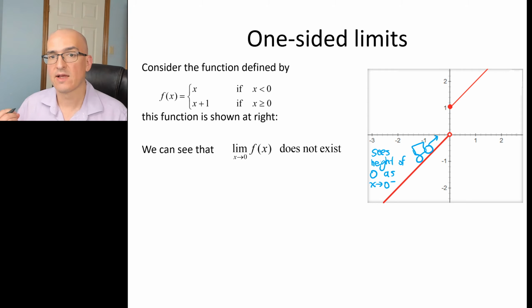So we indicate approaching a number from the left-hand side by putting that number and then a minus sign in the power. So if we were approaching 2 from the left, it would be x approaches 2 with a minus sign in the power of 2. It's not 2 to the power of a negative number. It's just a shorthand that means we are approaching from the left of 2. Why is it negative? Well, think of the number line.